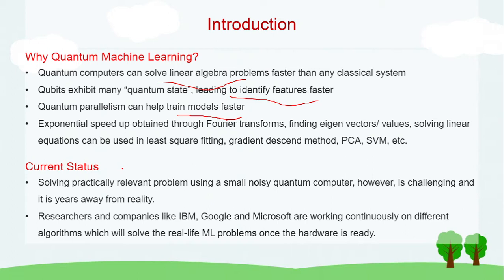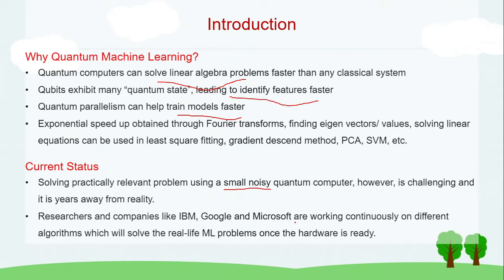So what is the current status on quantum machine learning? Like any other problem, we also have a problem here because of the small number of qubits, and that too noisy. So solving any practically relevant problem today is still years away, but that doesn't prevent researchers from academic institutes and companies like IBM, Google, and Microsoft.